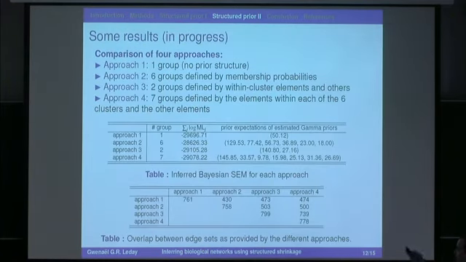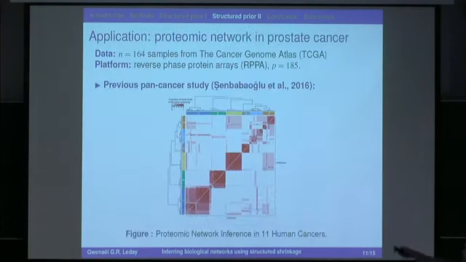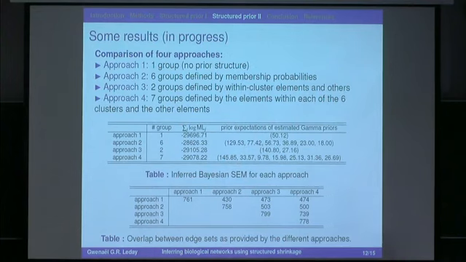The second approach that I wanted to look at is to define 6 groups over that matrix. So you can split your interactions into six groups defined by the membership probabilities. The third approach is to define only 2 groups, one defined by the within-cluster elements and the other by the rest.